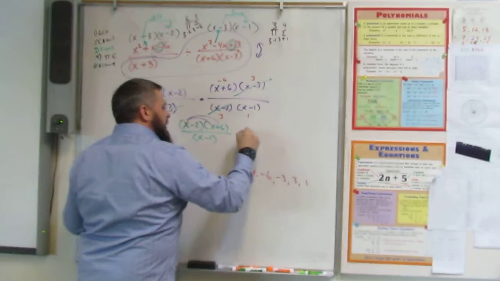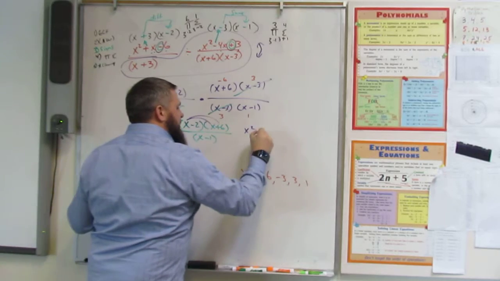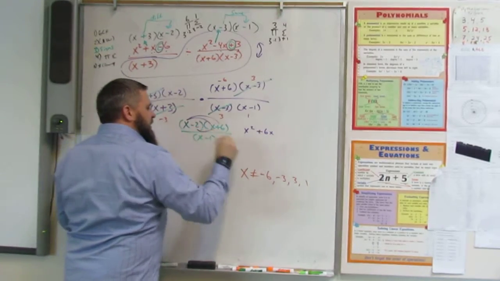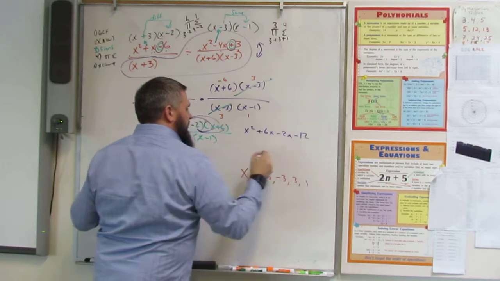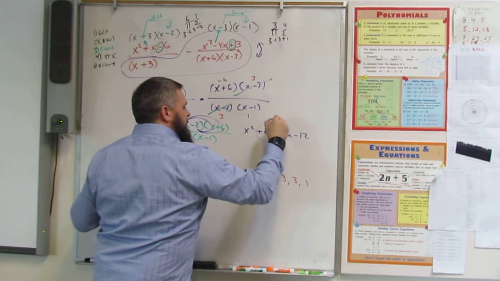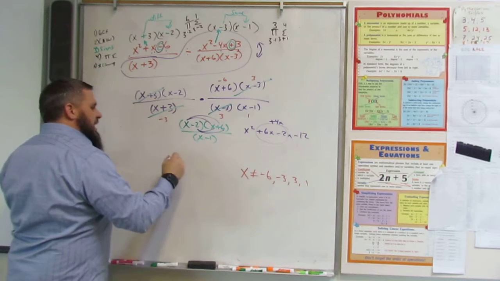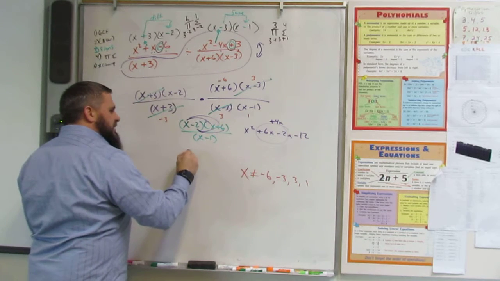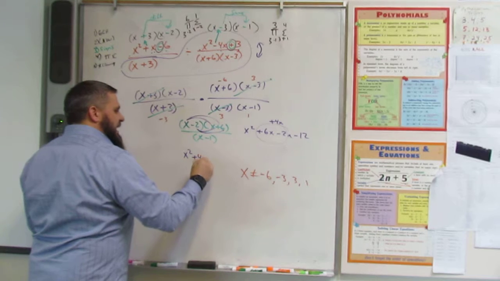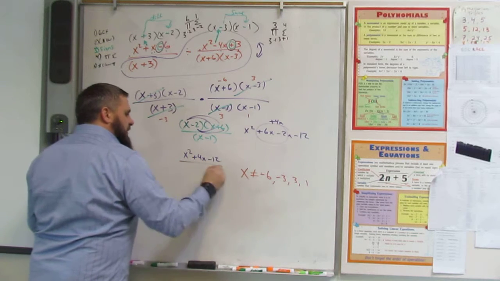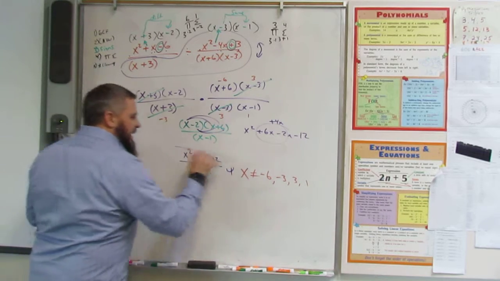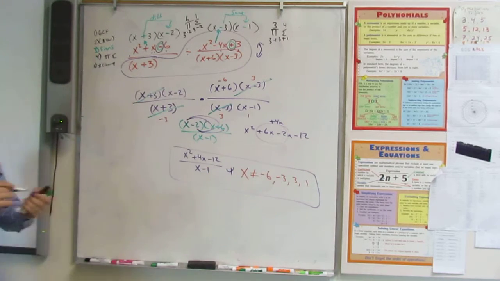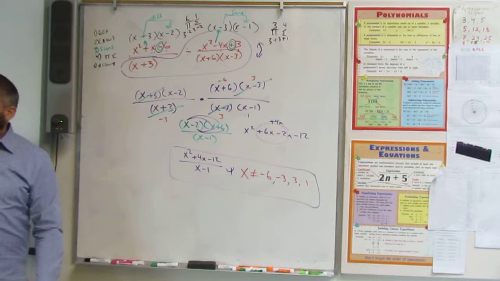So this is x squared. This is plus 6x. This is minus 2x. This is minus 12. These come together to give me plus 4x. So now my final answer is x squared plus 4x minus 12 divided by x minus 1, where x cannot be negative 6, negative 3, 3, and 1.